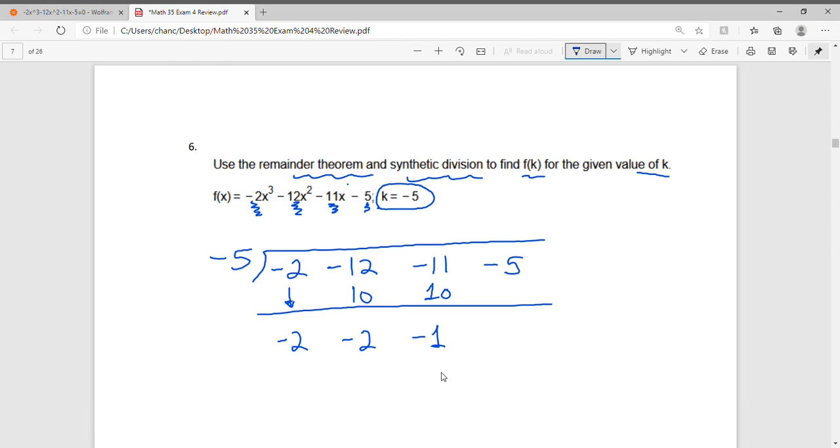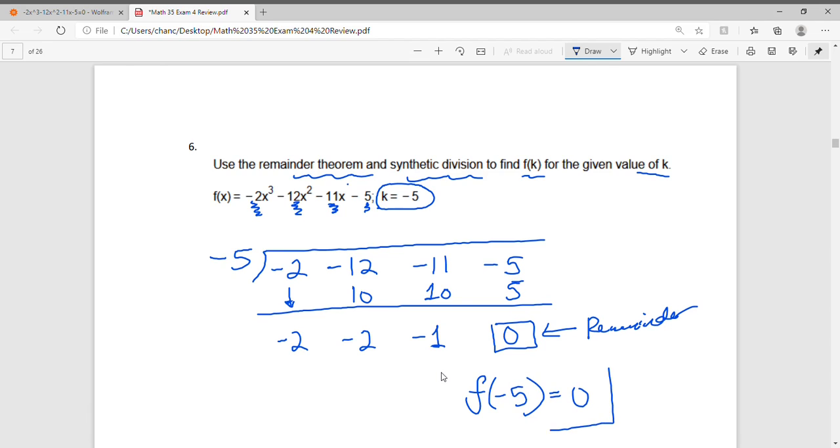Negative 5 times negative 1 is positive 5. Negative 5 plus 5 gives us a remainder of 0. The remainder is 0. According to the remainder theorem, f of negative 5 is equal to the remainder, which is 0. So I know f of negative 5 is exactly 0.